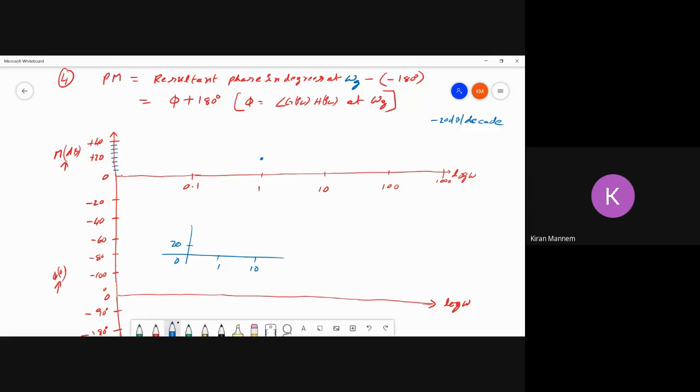When omega equal to 1, it is say 0 dB, and at 0.1, it is 20 dB, right? So it is going like this. This is minus 20 dB per decade.